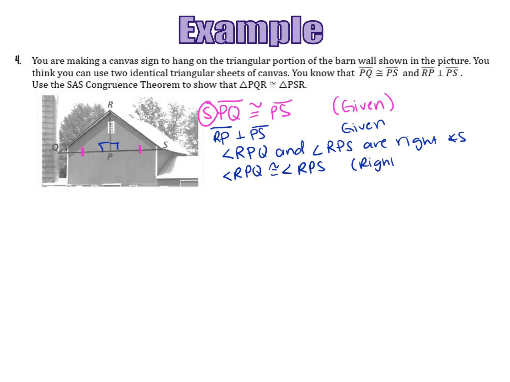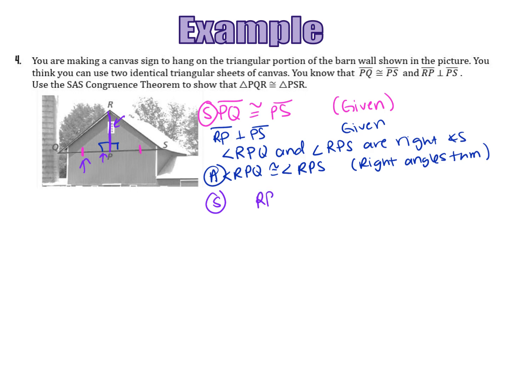That right angles theorem says all right angles are congruent. There's my angle. So what piece of information are we missing? Well, we're missing a second side. Side, angle, side. So we're missing the side RP.